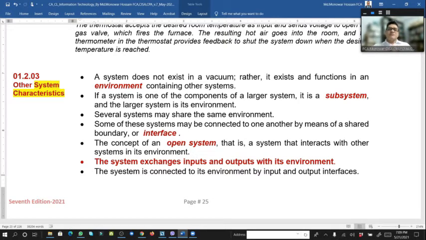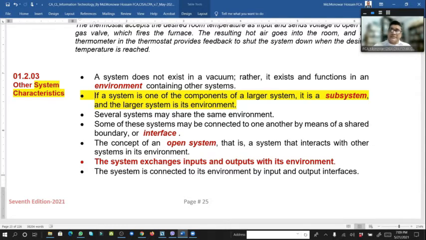If a system is one of the components of a larger system, it is a subsystem. And the larger system is its environment. Look here: if a system is one of the components of a larger system, that is a small system, it is a subsystem. And the larger system is the environment.